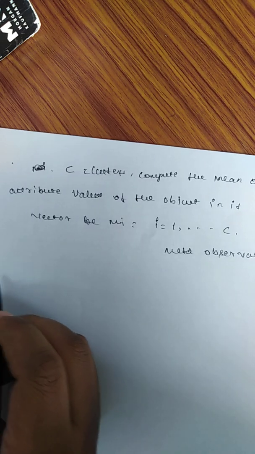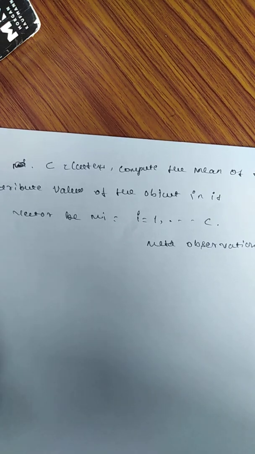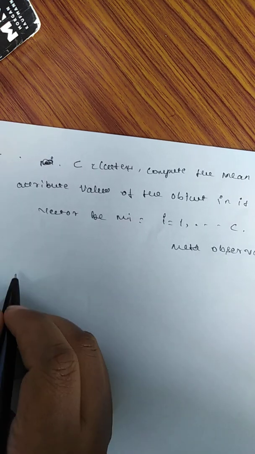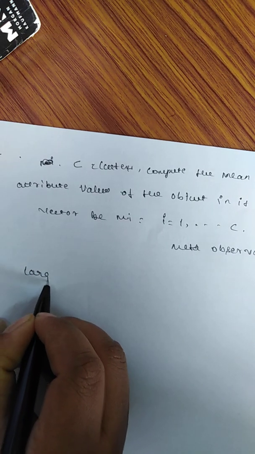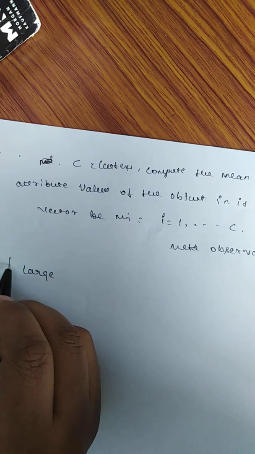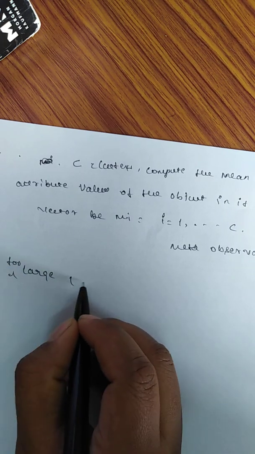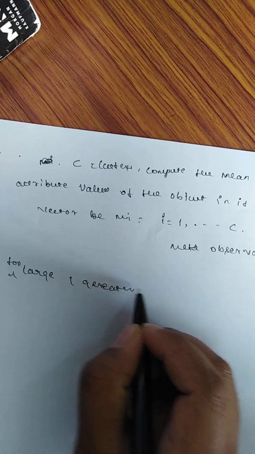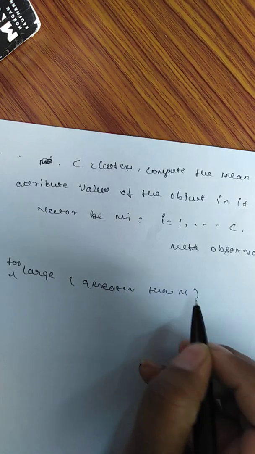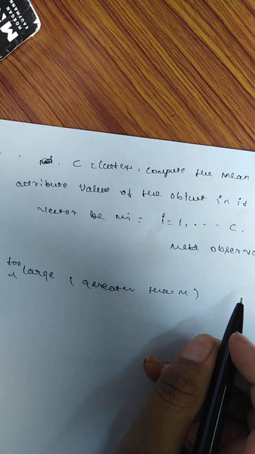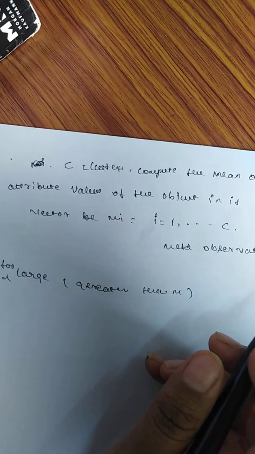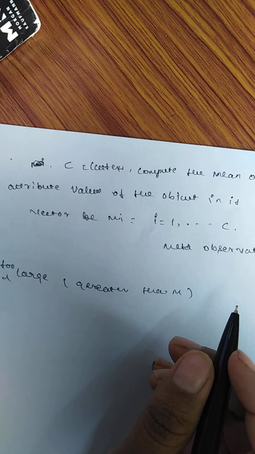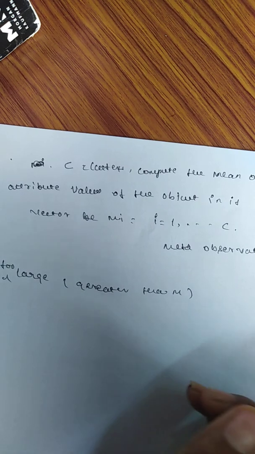Next step: if the C meta observations are still too large, greater than m, then repeat step 1. Otherwise, apply the same hierarchical clustering technique to the meta observations obtained in step 3.